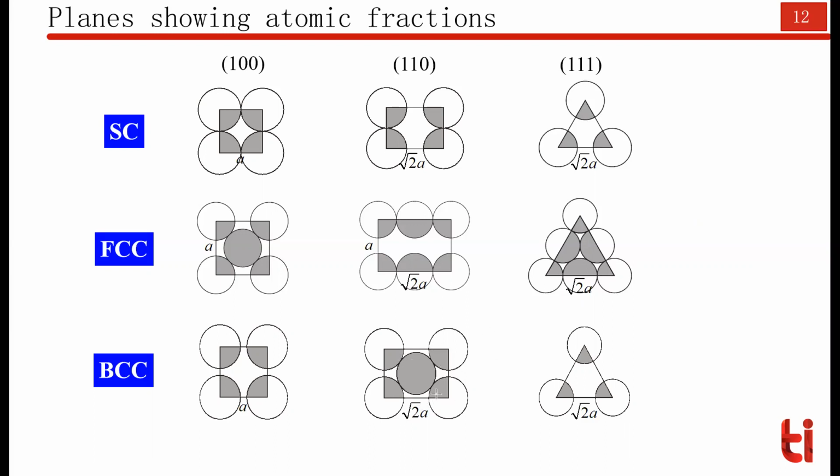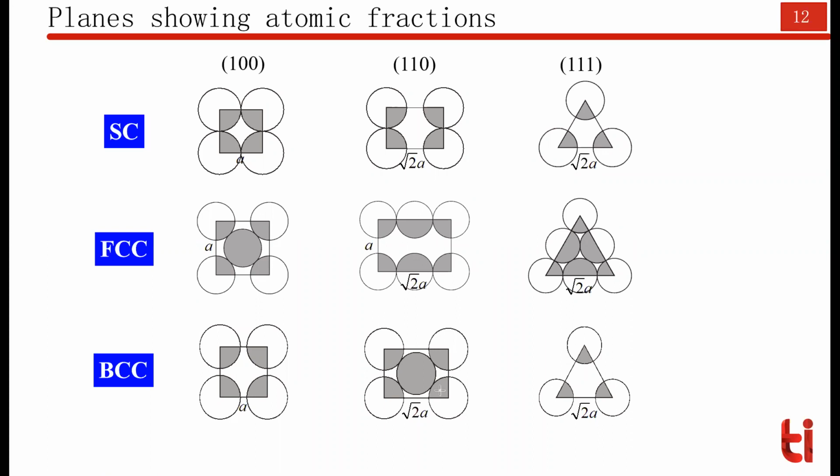So its contribution is 1, and 1 by 4th each from 4 corner atoms, making my total contribution equal to 2 atoms. And the area of the plane is known to you because one of the sides is root 2a and the height is a. So your total area is root 2a square.